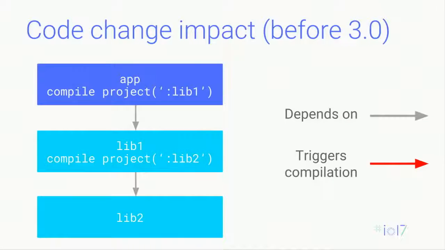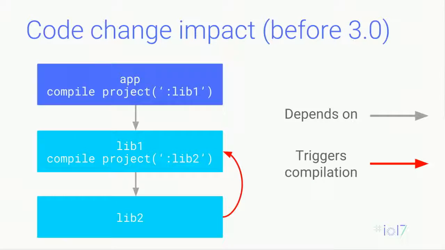So here we have an example of 3 modules. The app, which is importing lib1, which itself is importing lib2. As you can see, there's a straight dependency. We are using the compile configuration to define this. Before 3.0, say you're doing some code change in lib2, you would start recompiling lib1 because your code change may be, like, removing a public method.